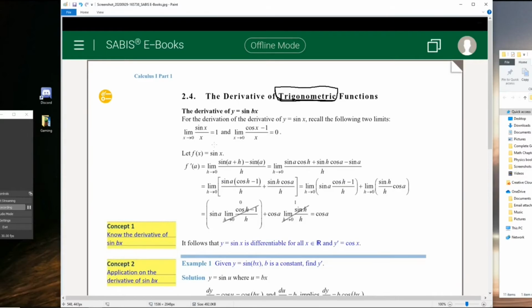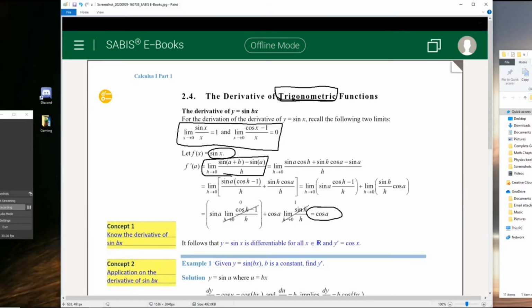Here they're saying that they'll be using these tools to prove that the derivative of sine x is cosine x. They're using the formal derivative that we talked about in the beginning.